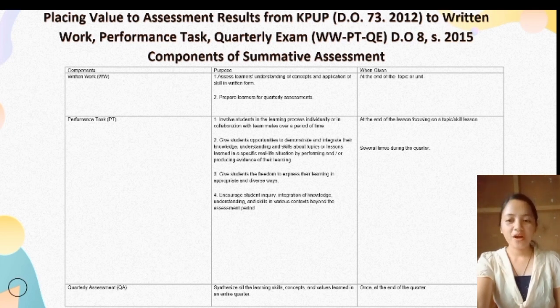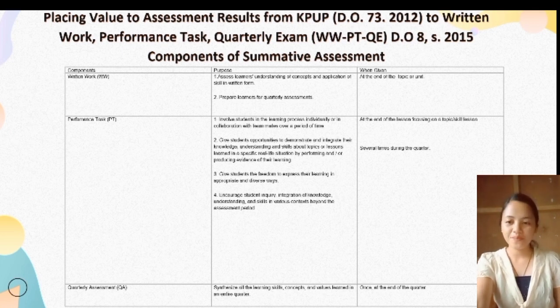Second, to prepare learners for quarterly assessment. And when to give this type of assessment? You give this at the end of the topic or unit. So when you're done discussing a certain topic, you're going to give them a written quiz and just like that.